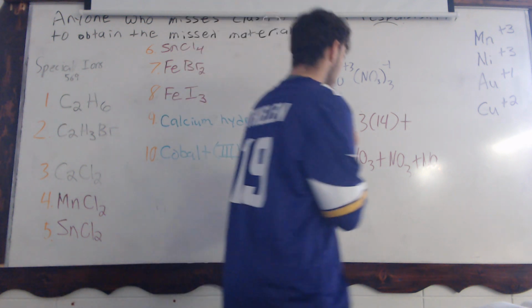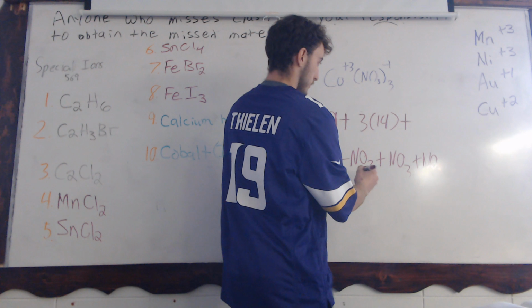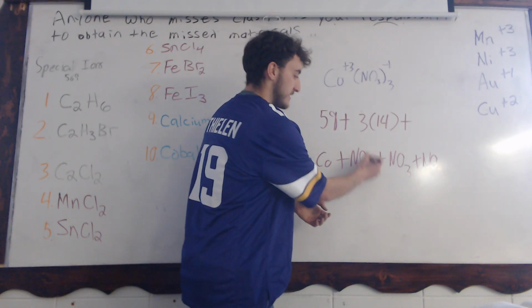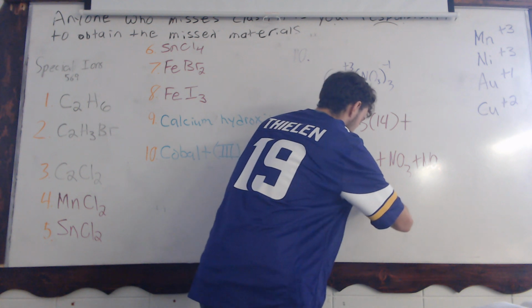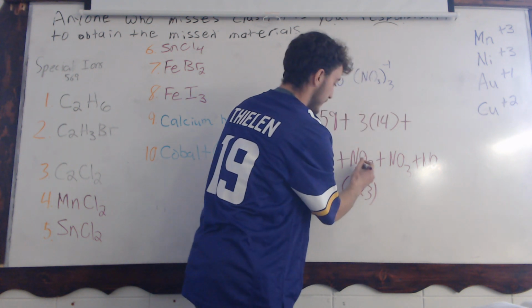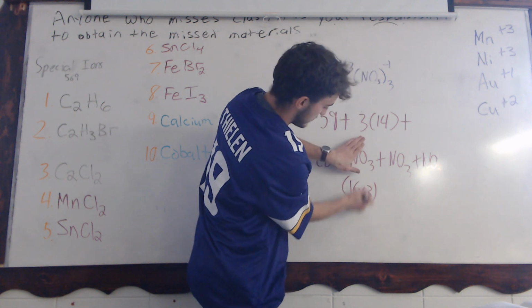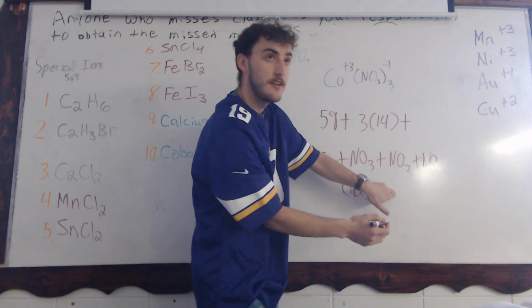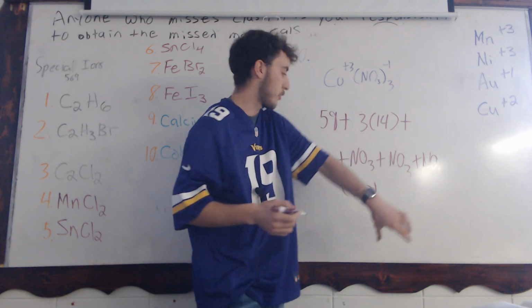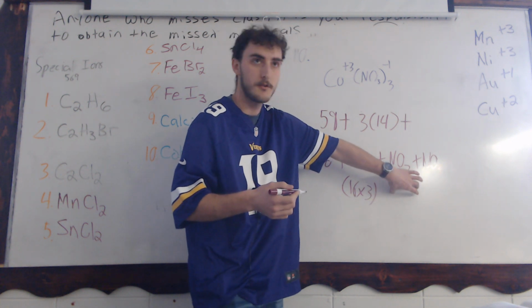Right? So we've got to multiply 16 times 3, and that's just one of these. 16 times 3, and then we add another 16 times 3 because we have another one. Or 48, whatever you want to do.